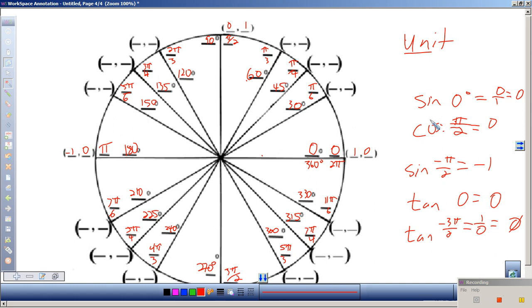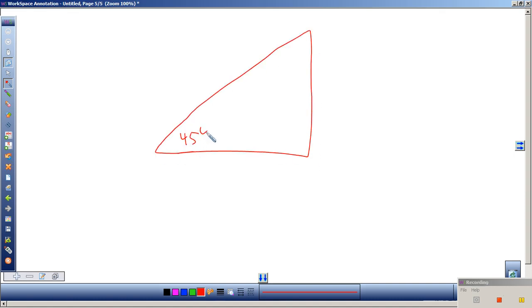Let's draw a triangle here. If this is 45 degrees, and this is 1, what is each side? 1 divided by square root 2, which is root 2 over 2, and over here, root 2 over 2.